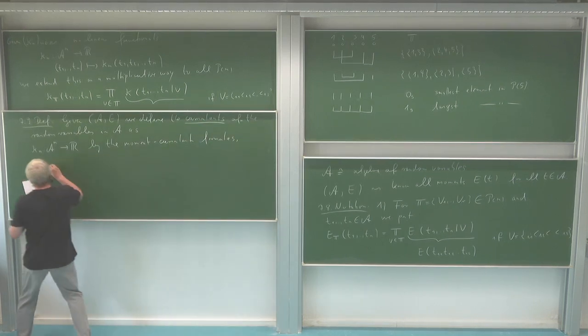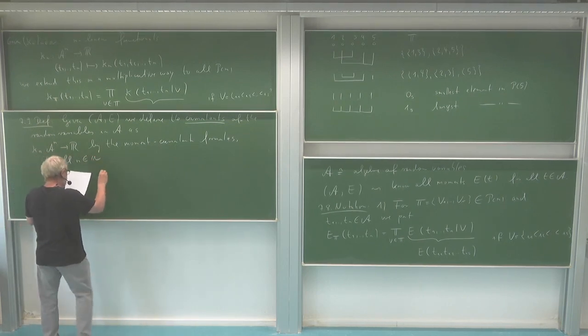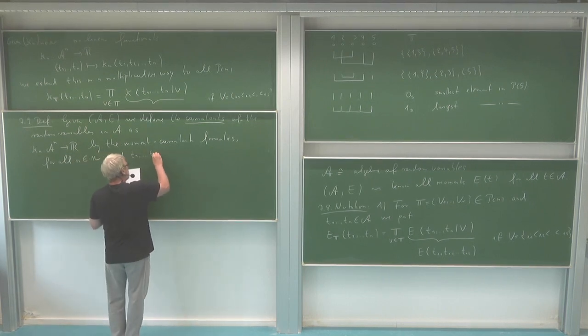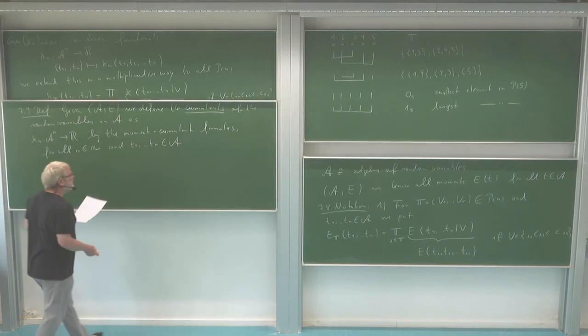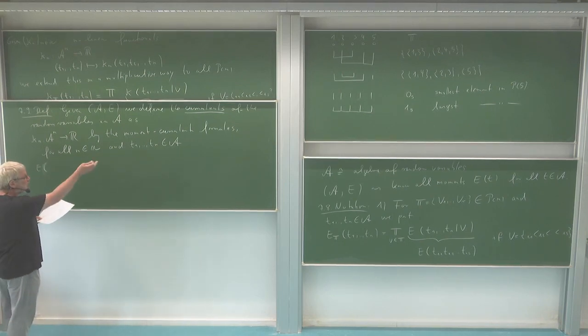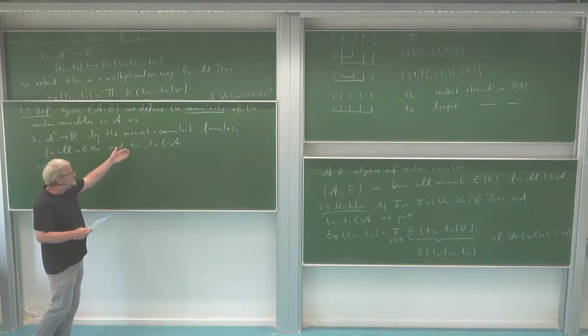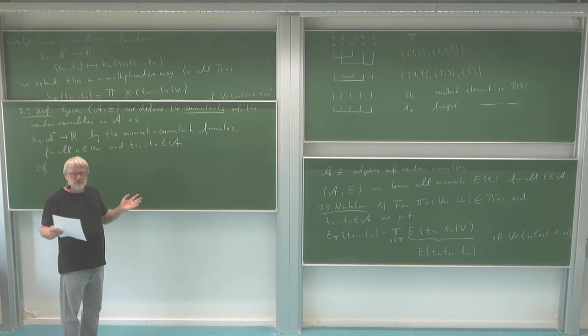We have them for all n in N, and all possible choices of random variables which I plug in. Okay, so here's the formula. It tells me what the expectation of this moment is, where I'm just multiplying. So I take the nth moment of those random variables, and the t's could be the same or they could be different.